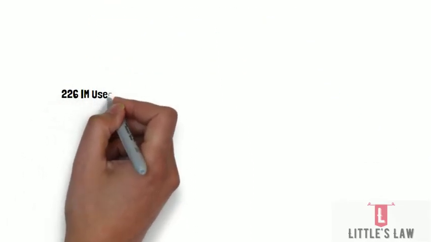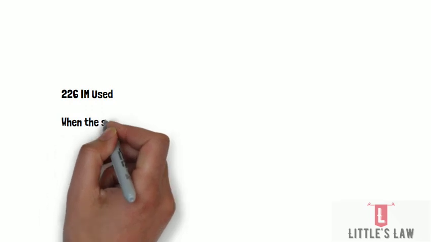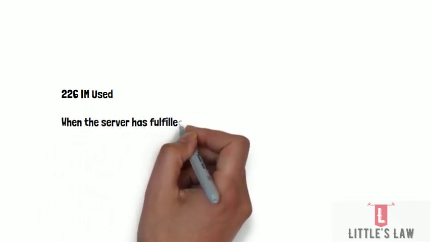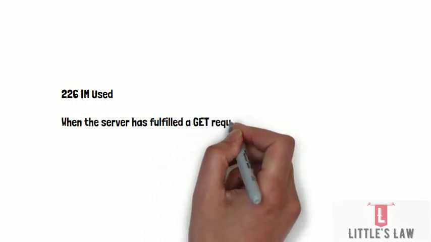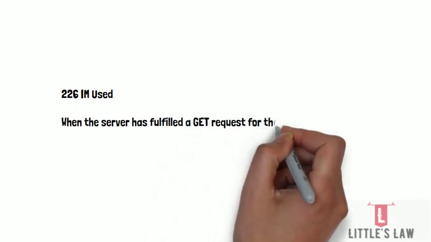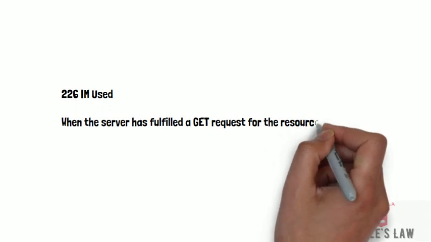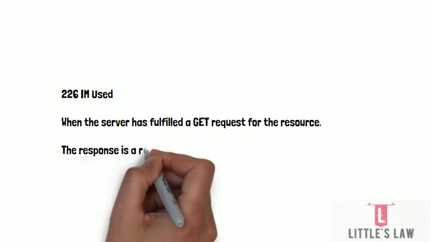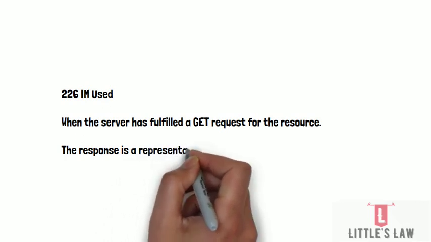And the last 2XX HTTP status code is 226 IM Used, and this response comes when the server has fulfilled a GET request for the resource and the response is a representation of the result of one or more instance manipulations applied to the current instance.